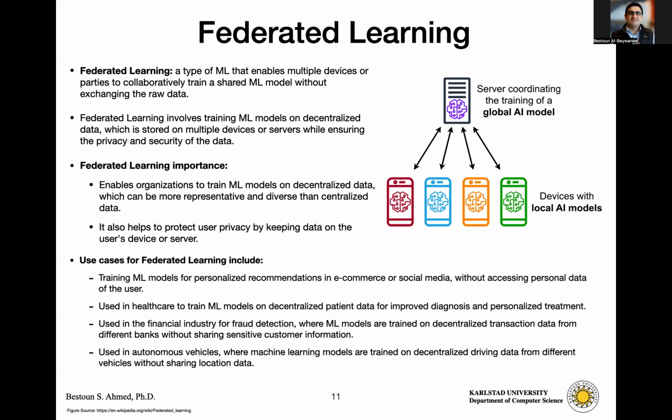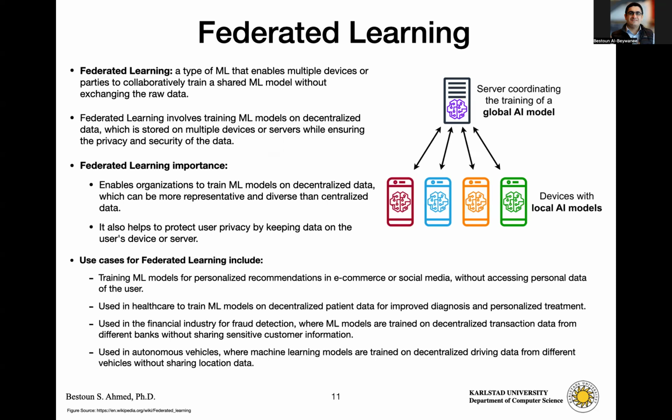geographical places. So federated learning is just a type of machine learning that enables multiple devices or other things to collaboratively train a shared machine learning model without exchanging the raw data. So there are different structures of doing federated learning, of course.